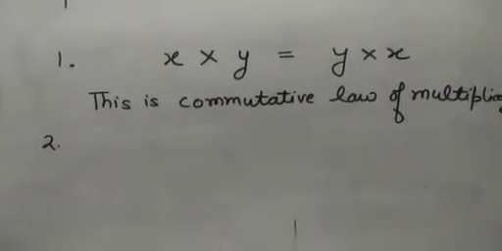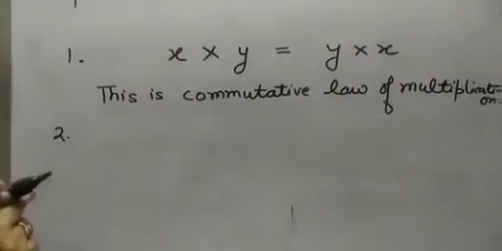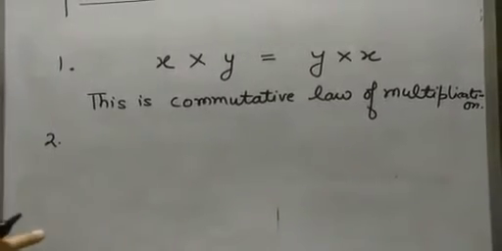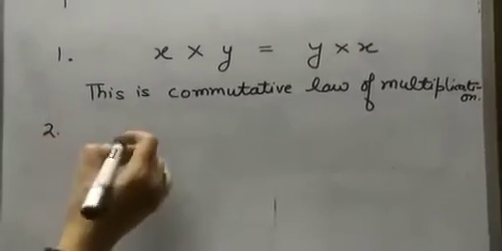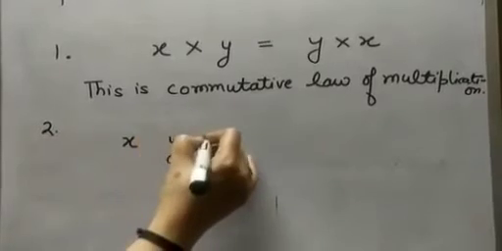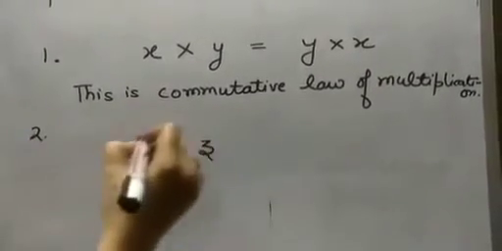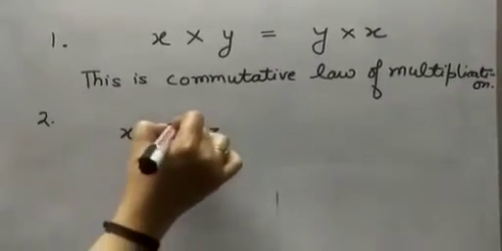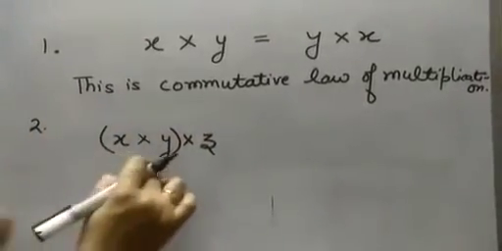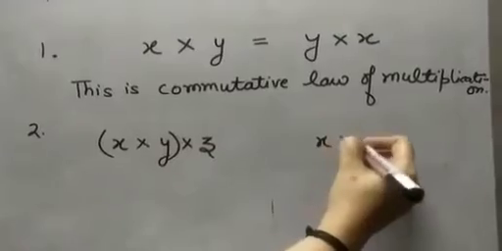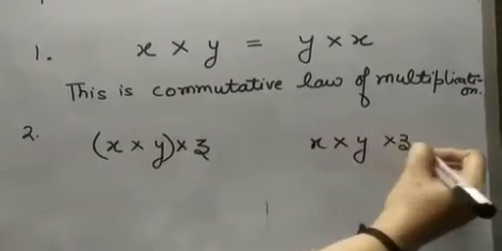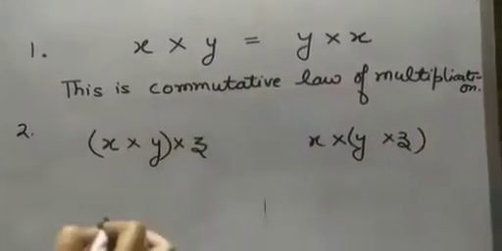Second property: the product remains the same if we change the grouping of the rational numbers, for three rational numbers, that is x, y and z. Now I am taking three rational numbers x, y, z. We are going to multiply. Here I did the grouping of x and y. Here the same three rational numbers I am taking and I did the grouping of y and z.